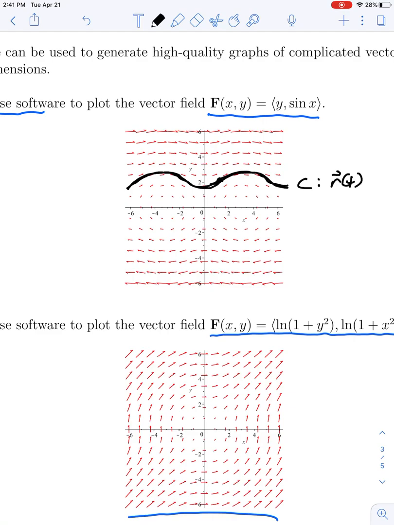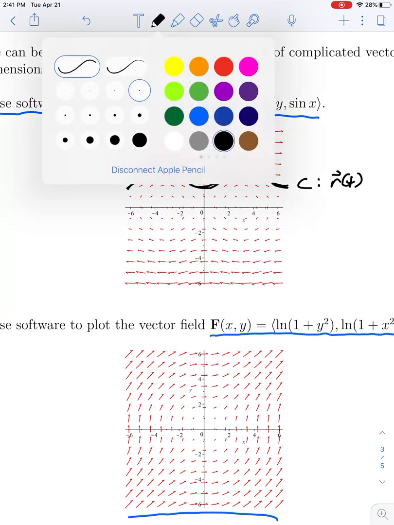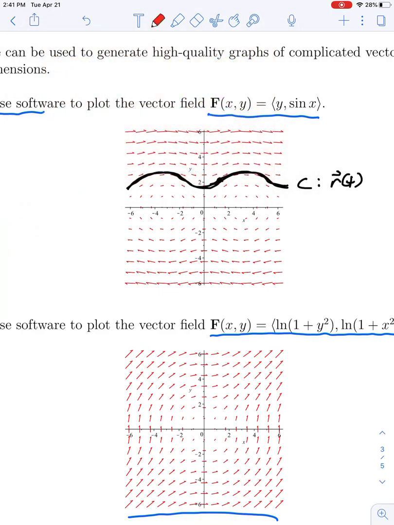So what this circulation or line integral of a vector field represents is the following. We're adding up the values of our vector f of x,y over all points, or we're adding up the magnitude of these vectors over all points along this curve C.